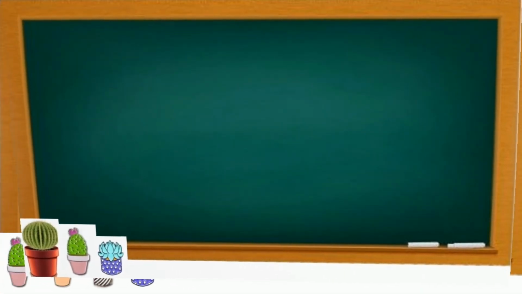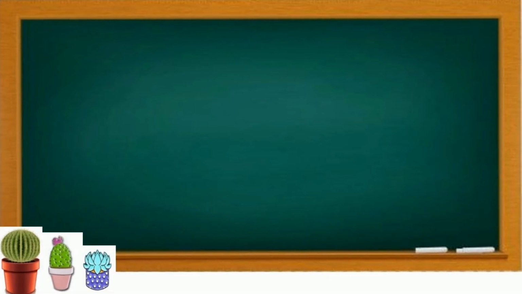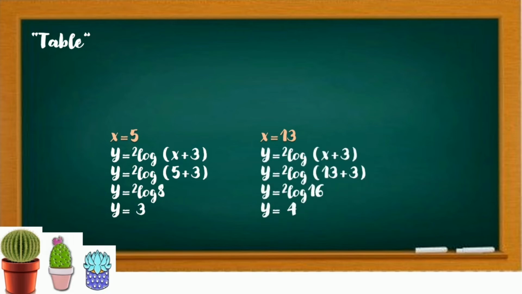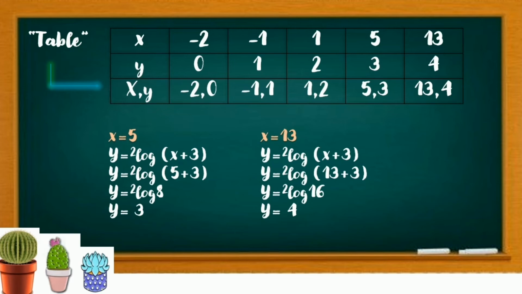Next, for x equals 5, y equals log base 2 of 5 plus 3. y equals log base 2 of 8. So y equals 3. For x equals 13, y equals log base 2 of 13 plus 3. y equals log base 2 of 16.